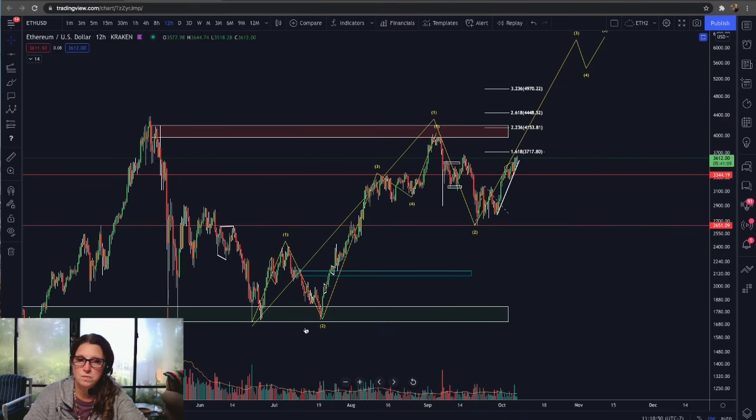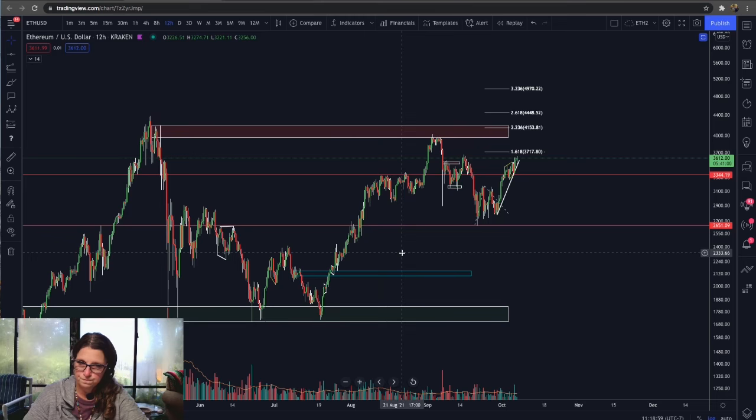Let's see. What else? ETH needs to go so it can convince me that we're making the bull scenario. We need to take out this B wave here, and then we need to take this top out.